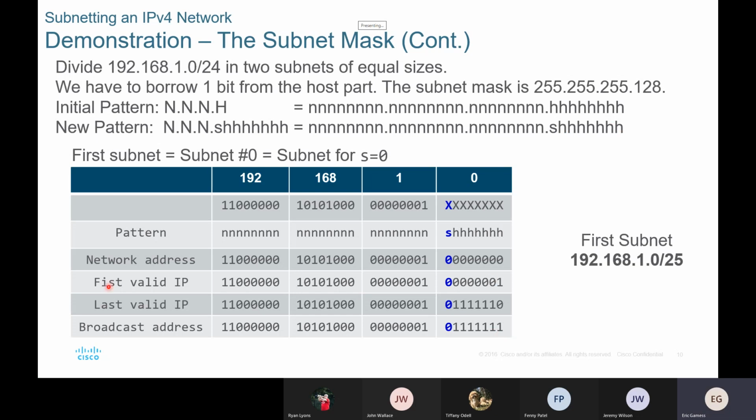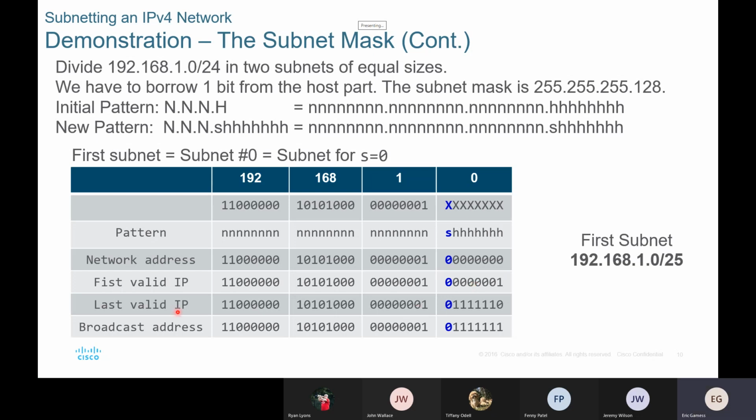So if you look here, for the first valid IP address, we have 7 host bits. I put all of them at 0 except the very last one. And if you convert this number, what is this number? 1. So the first valid IP address will be 192.168.1.1.